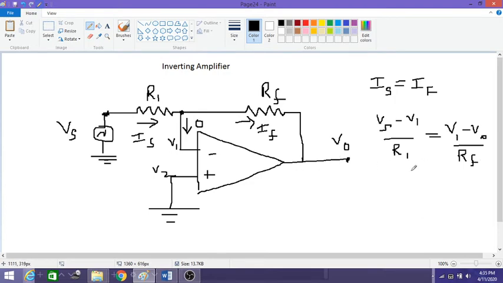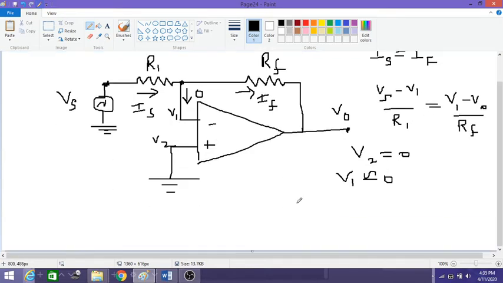We know that with the help of the virtual ground concept, since V2 is equal to 0, then V1 is approximately equal to 0. Then from this equation we have Vs by R1 is equal to minus V0 by Rf.